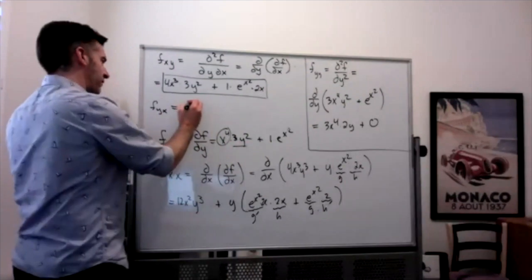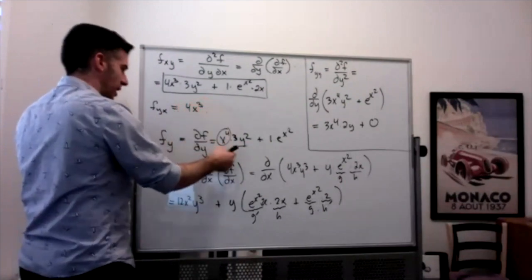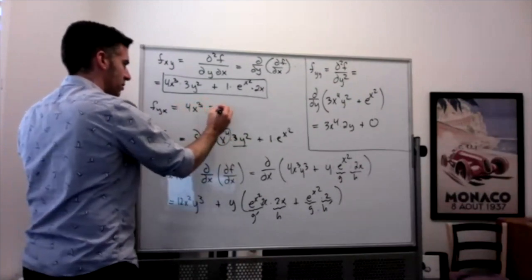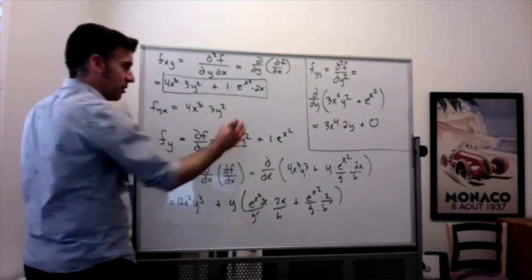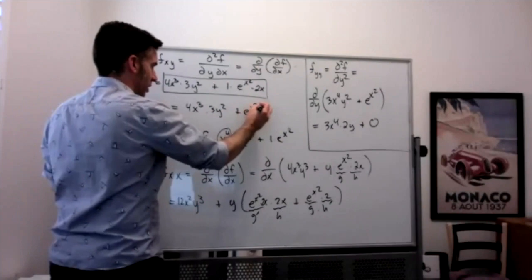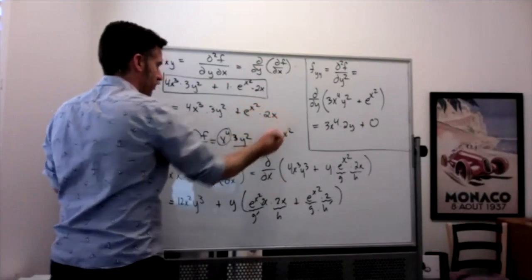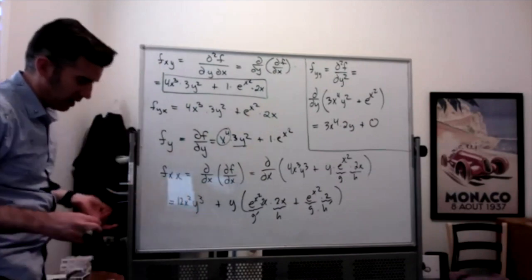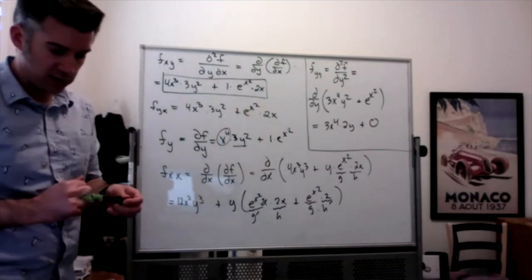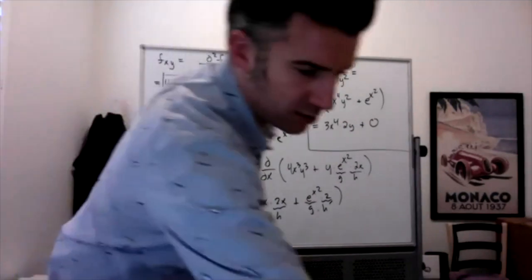So the derivative is going to be 4x cubed times that constant. And the derivative of this is a function of x. The derivative of e to the x squared is e to the x squared times the derivative of x squared. And look, they're exactly the same. So we can expect all the time for those to be the same, which is nice, right? It's less of a hassle.